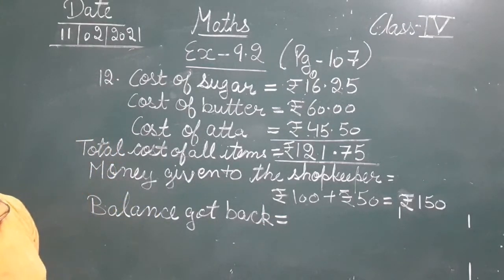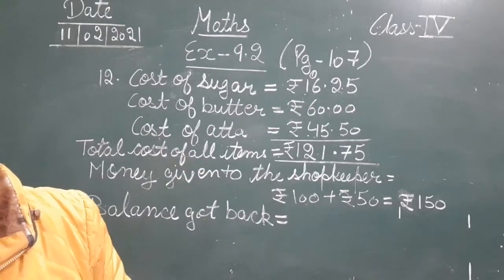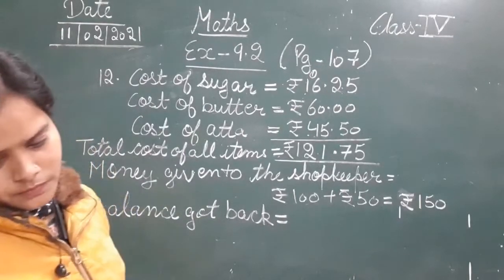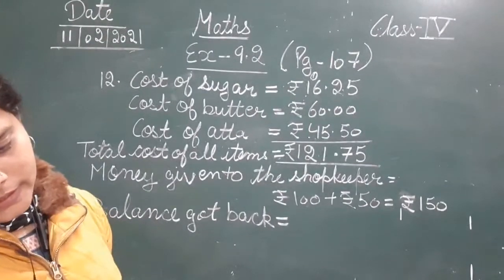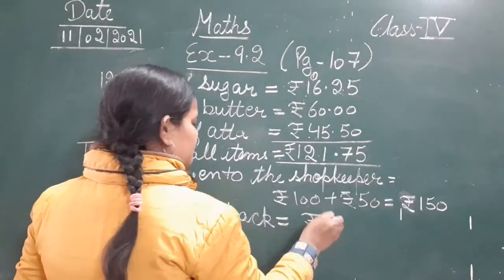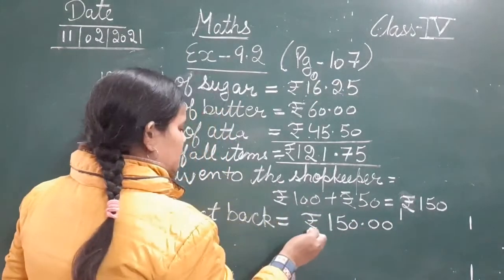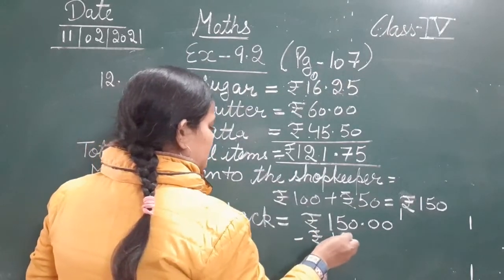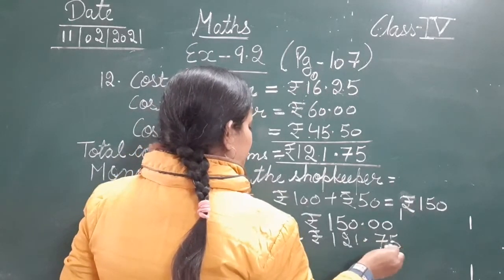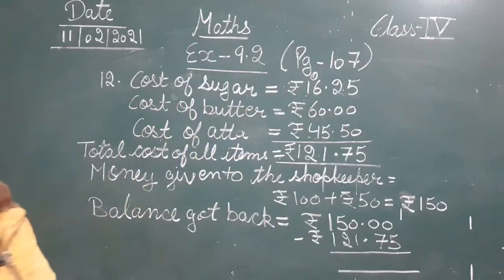For this we will subtract the amount from the total, that is rupees 150 minus rupees 121 rupees and 75 paise.